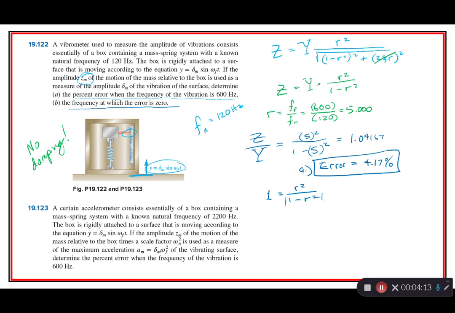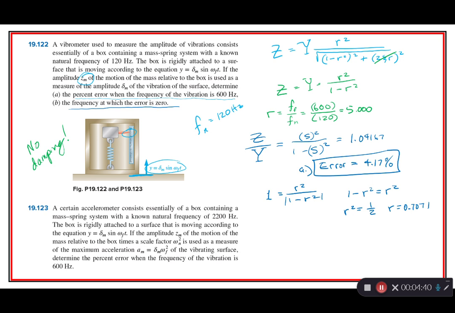So we have 1 minus R squared equals R squared for an error of 0. And if you break that apart right there, you end up with R squared is equal to 1/2, and therefore R is equal to 0.7071.